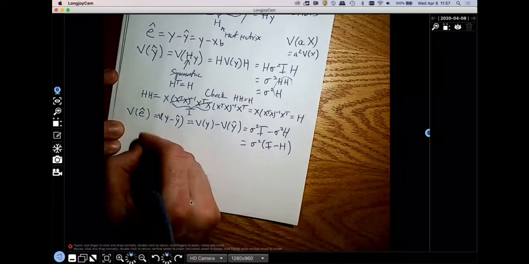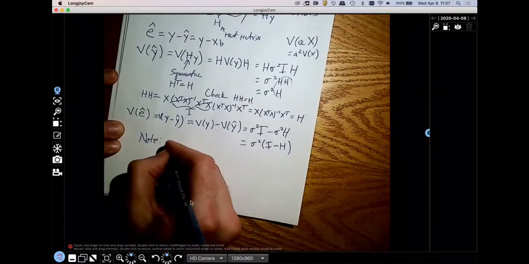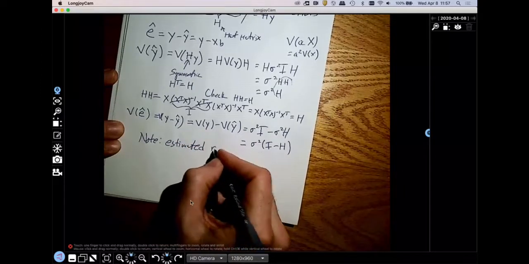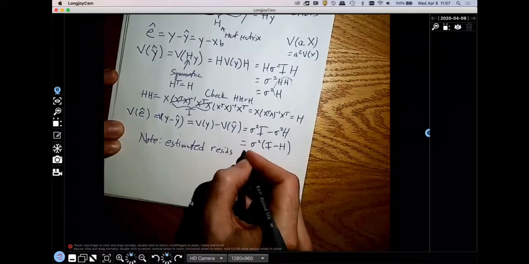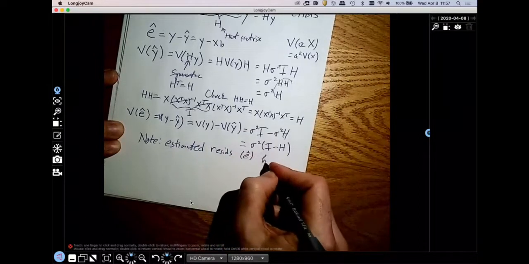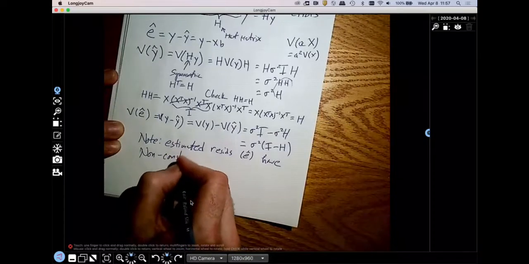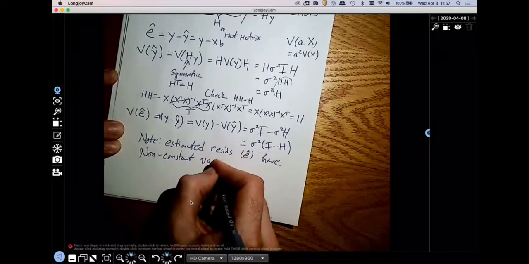So note, estimated residuals, so e hat, have non-constant variance.